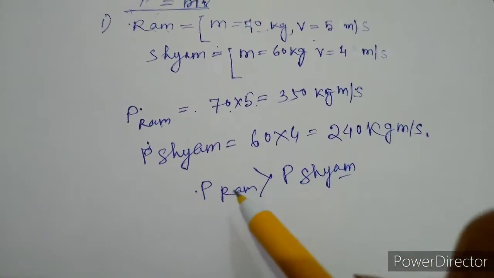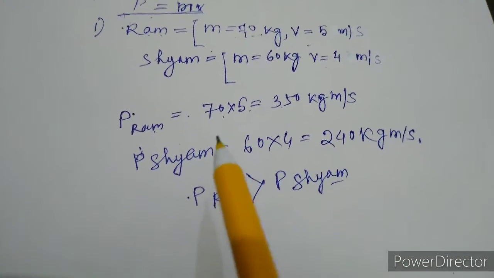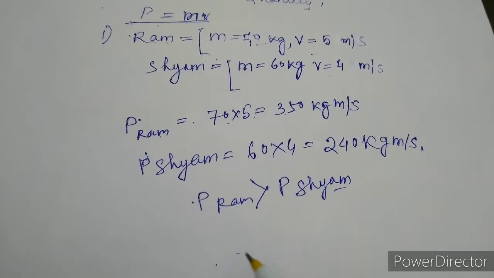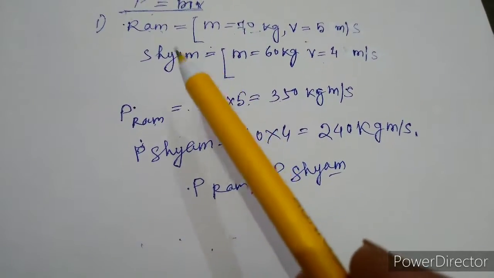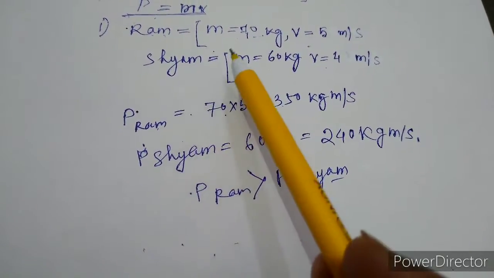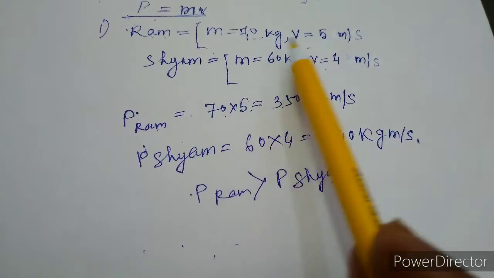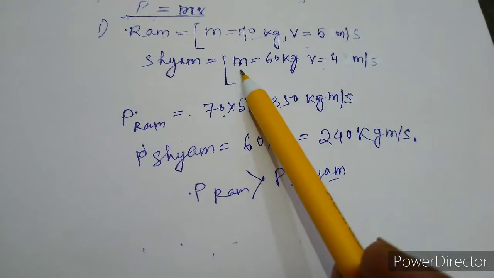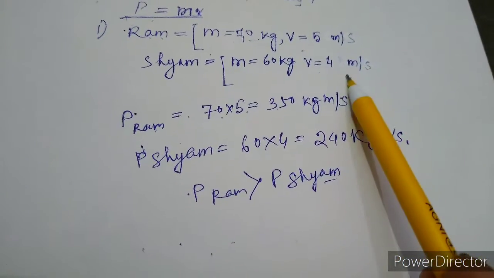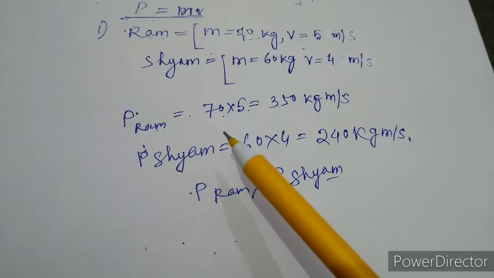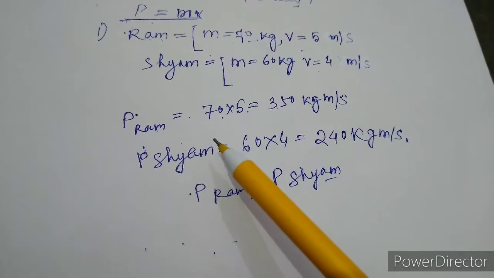Some other questions also come from this momentum. Suppose there are two bodies, the first one whose mass is 70 kg and its velocity is this much, and the second one whose mass is this much and velocity is this much.